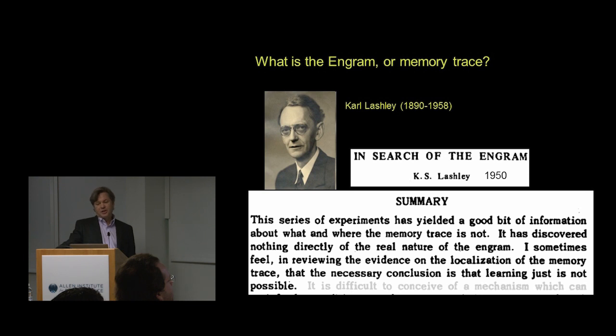And he used a word that was coined at the beginning of the last century, the engram, and he really popularized this word. And the engram is the memory trace, the physical thing that's left behind in a brain when an animal learns something. And really from Lashley down to the present day, it is probably one of the major holy grails that people are searching for, the neural trace to learning and memory.